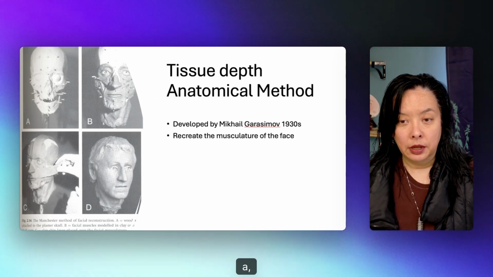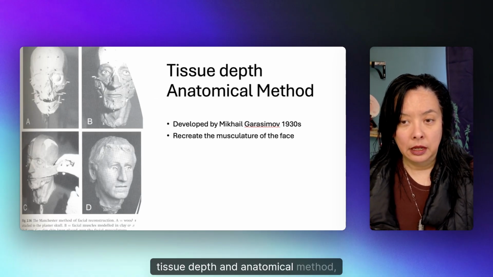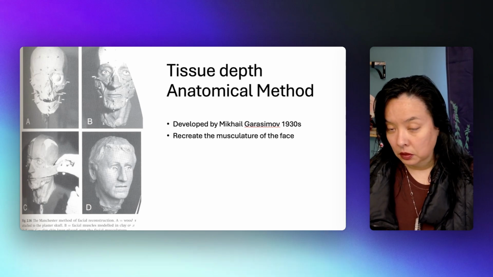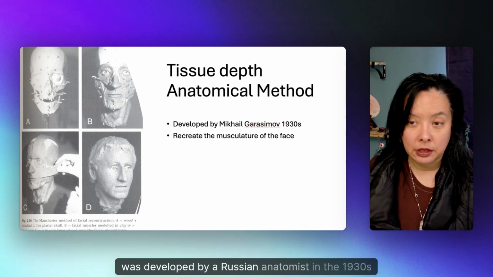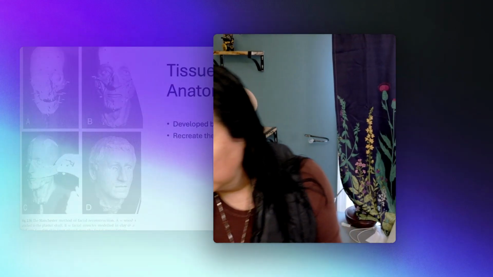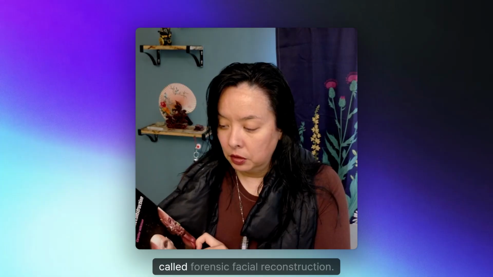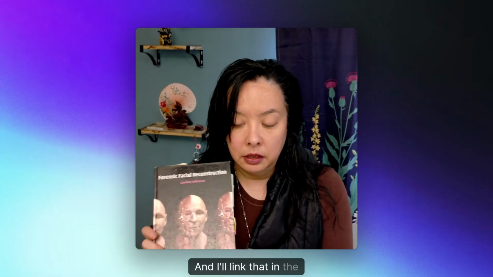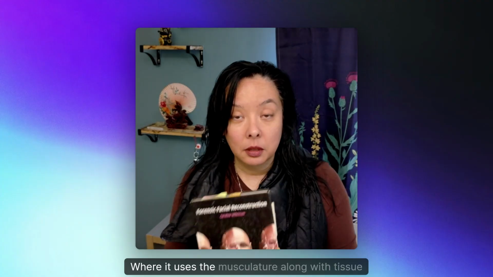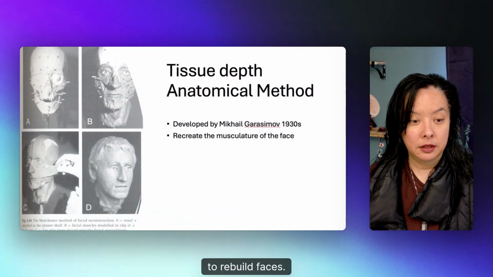There's also a tissue depth and anatomical method, which was developed by a Russian anatomist in the 1930s and is written about at length in this book by Dr. Carolyn Wilkinson called Forensic Facial Reconstruction, and I'll link that in the description, where it uses the musculature along with tissue depths measurements to rebuild faces.